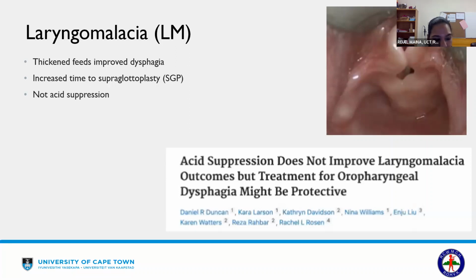Although what it did find was that thickening of the feeds had a positive effect on these patients with decreased hospitalization, and also showed longer waiting times before supraglottoplasty was required. So that was the study's recommendation, that maybe thickened feeds rather than acid suppression has a beneficial effect.